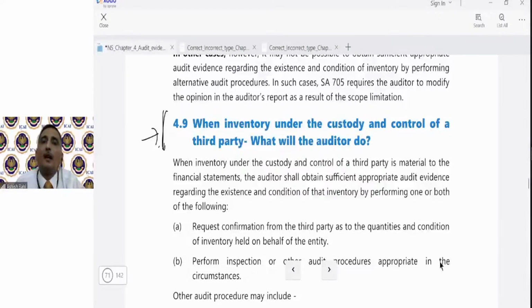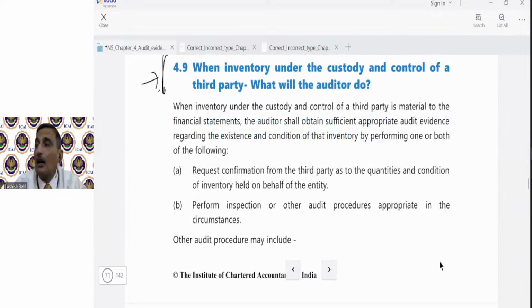सो अब तो ऑडिटर के लिए तो ये बहुत मुश्किल हो जाएगा, how he should conduct physical inventory count. So what does SA 501 state about it? It states that it would request confirmation from third party as to quantity and condition of inventory.